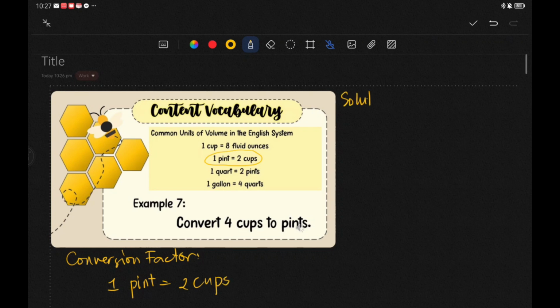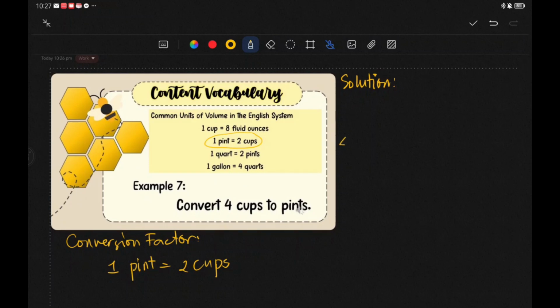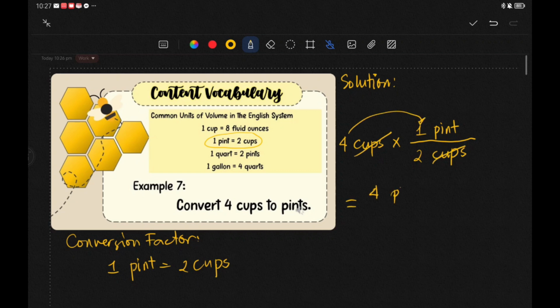So our solution, that is 4 cups times 1 pint over 2 cups. 4 times 1, that's 4. Cancel out cups. Pint is what remains, over 2. 4 divided by 2, that's 2 pints. Therefore, our answer is 4 cups is equal to 2 pints.